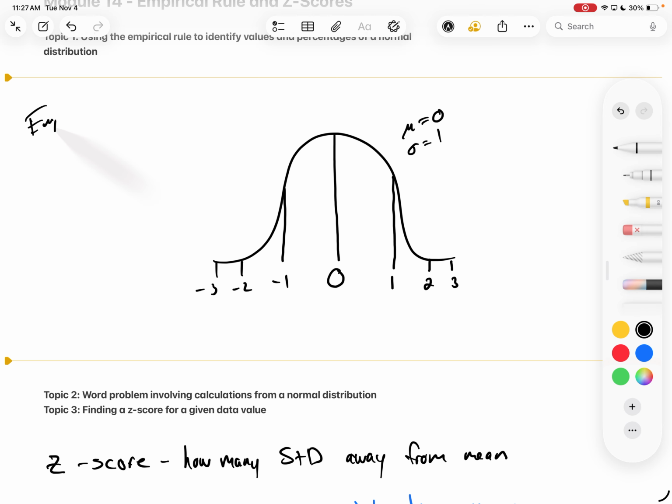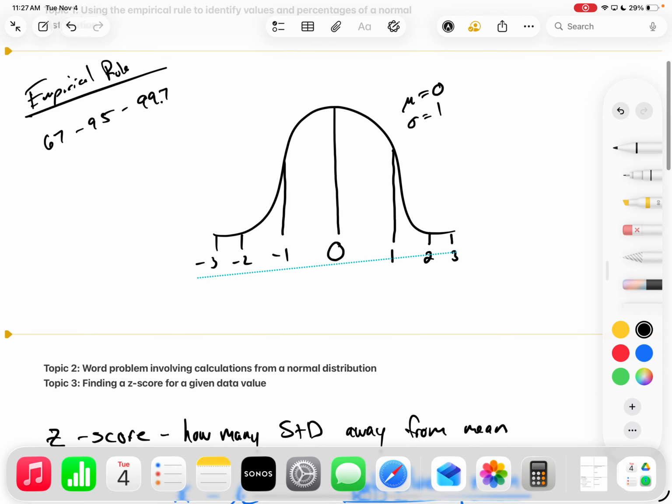So the empirical rule, they also call it the 99... Sorry, I just went completely blank. 67, I bet I'm going to double check this because now I've completely confused myself.